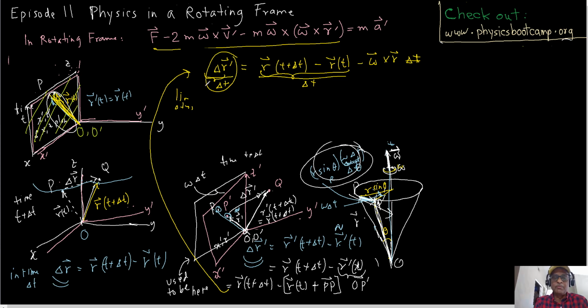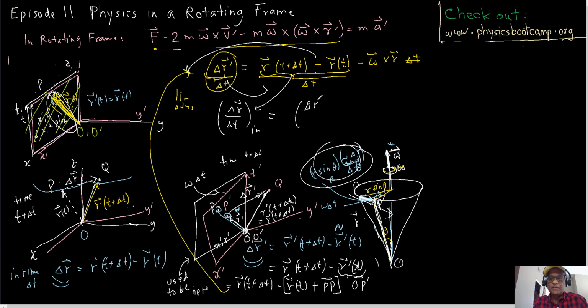Moving this on the left side and this on the right side, we get delta r over delta t in the inertial frame is equal to delta r prime over delta t in the non-inertial frame plus omega cross r.